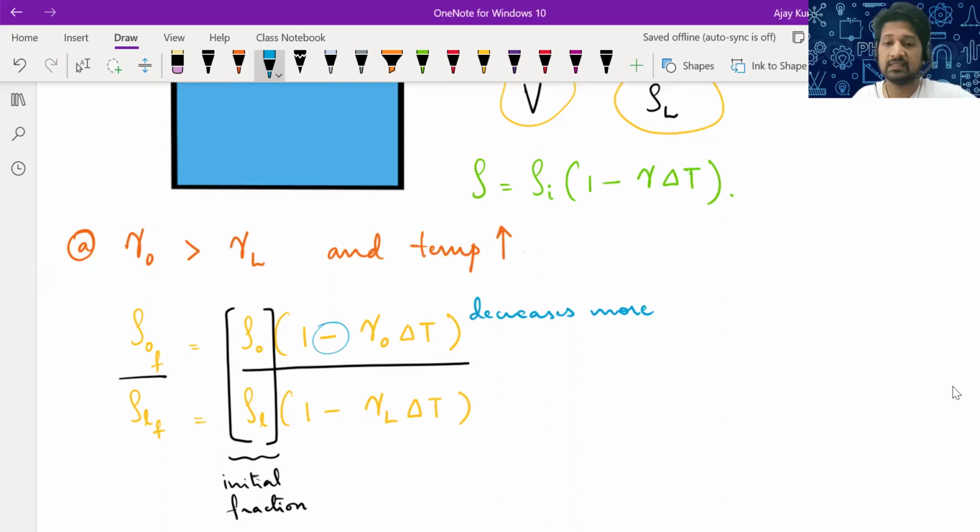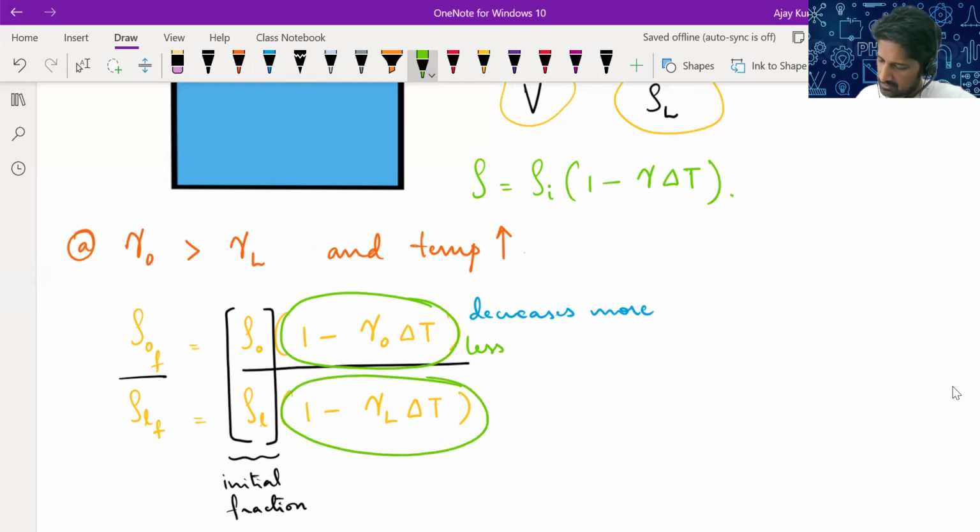Because gamma naught is the greater number, but there is a minus sign, the decrease in the numerator will be more than the decrease in the denominator. So 1 minus gamma naught delta T will be less than the denominator.